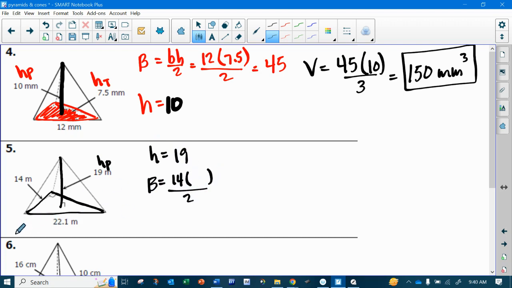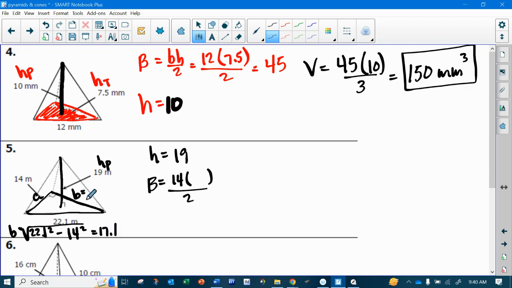So let's do Pythagorean theorem to find this leg over here. So if this is A and this is B, because that's how we label a right triangle, I'm going to say the other leg is 22.1 squared minus 14 squared. And then we're going to take the square root, because you always do that on Pythagorean theorem. And we get 17.1.